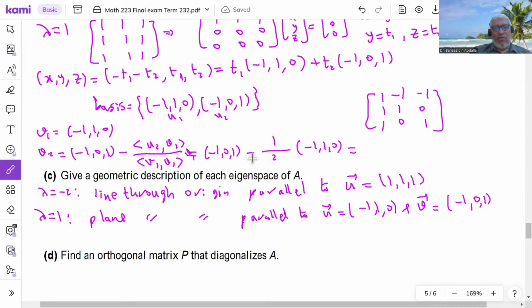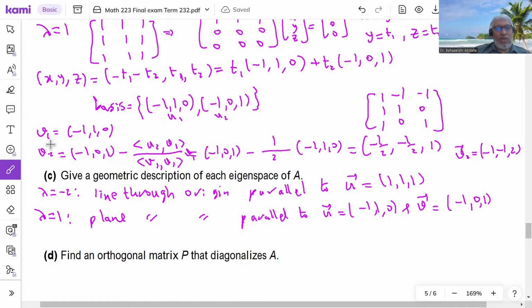So the answer is -1 plus half, so it's -half. And 0 minus half, so it's -half. And 1 minus 0, so it's 1. So I'll choose V2 to be -1, -1, and 2 if I multiply here by 2.